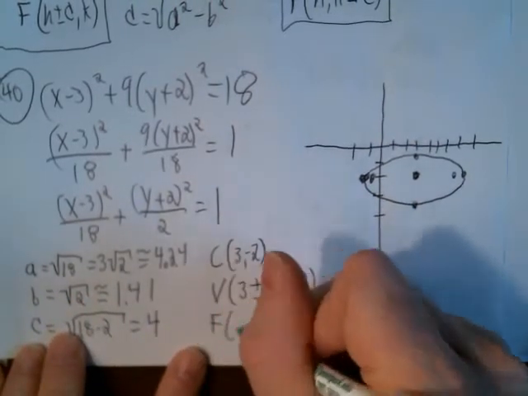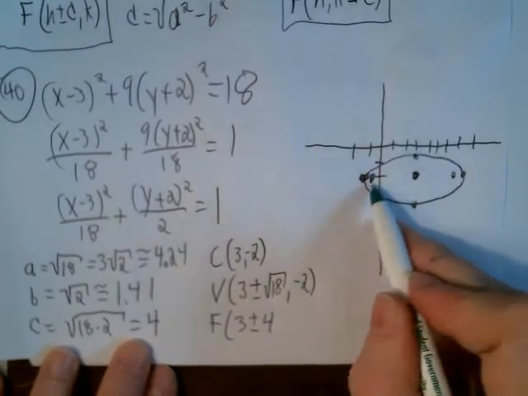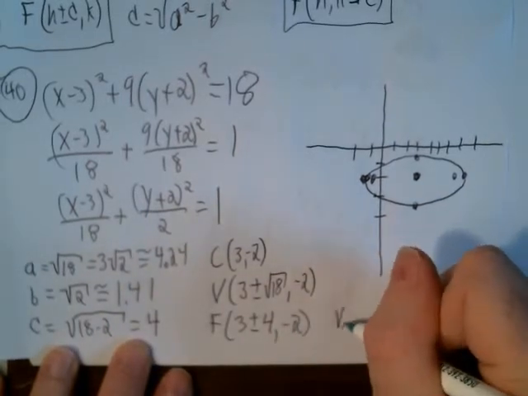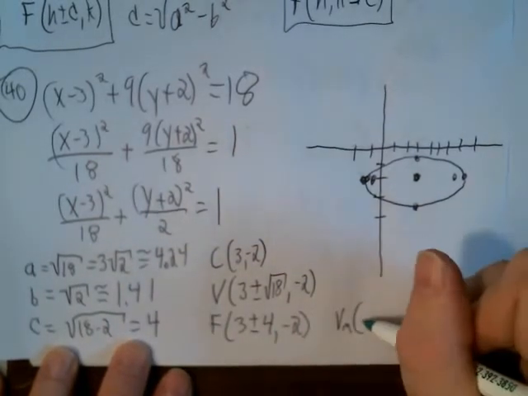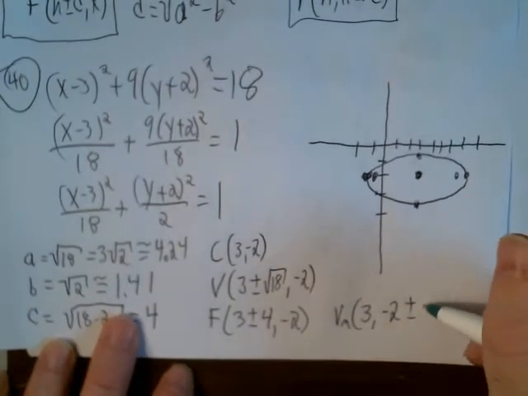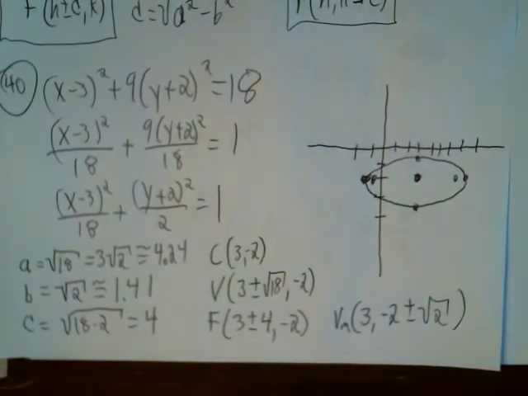For the foci, it's 3 plus or minus the 4 distance, comma, negative 2. And then for the minor vertices, I went up and down. So you manipulated the y-coordinate by root 2. Okay. And that's all you need to show, and then you can go on to the next problem.